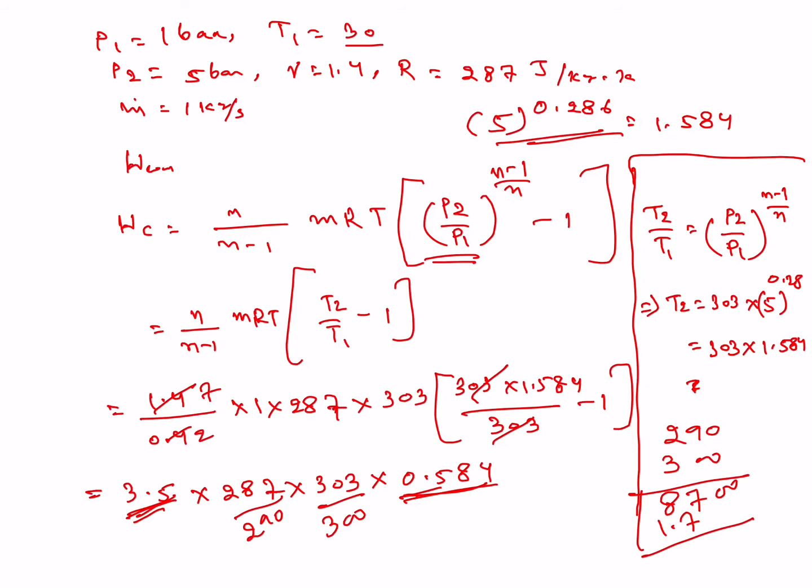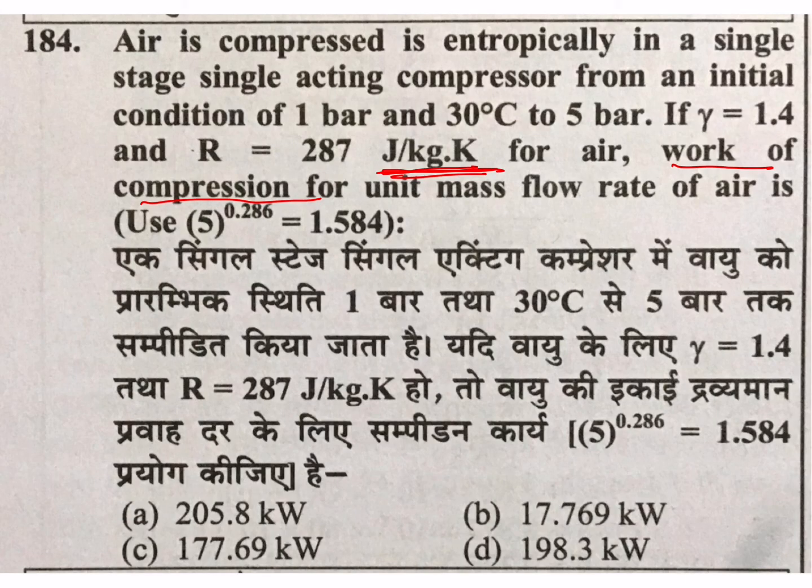If you multiply, finally you will get 147, approximately 150. So this original value should be greater than 150. From the options we will check greater than 150. C is your correct answer.